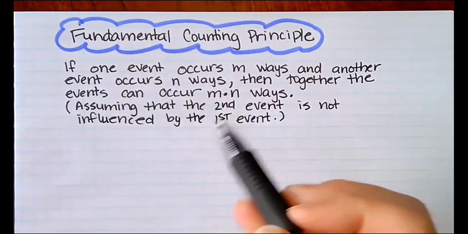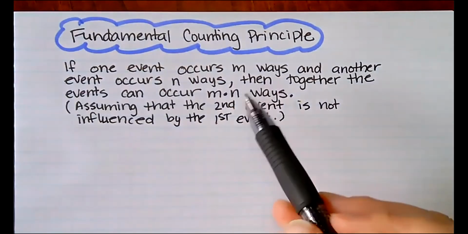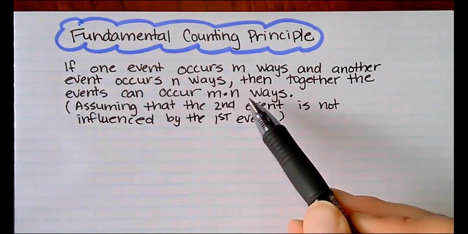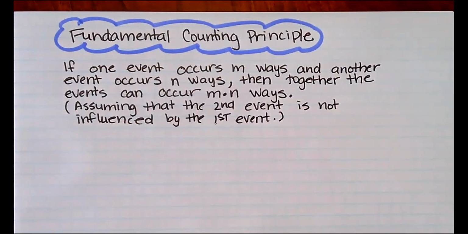So if the second event is changed by the first event, then this may not be n anymore. It might be something less. And we'll see that in some of our examples.